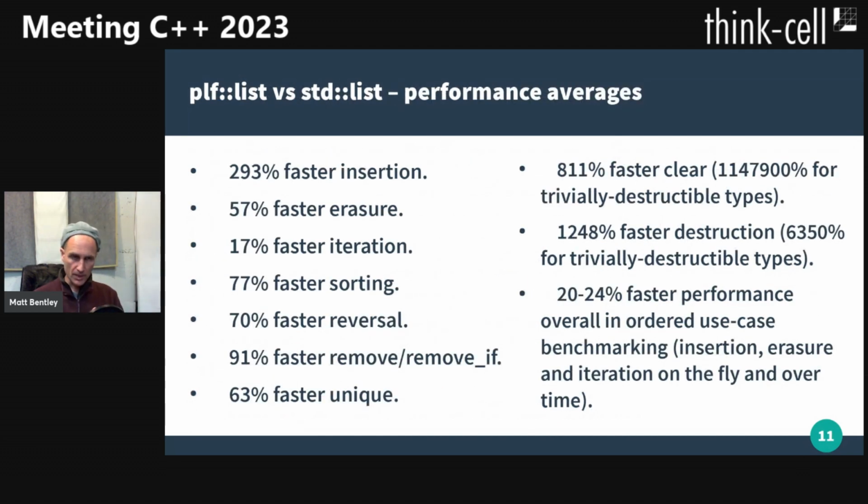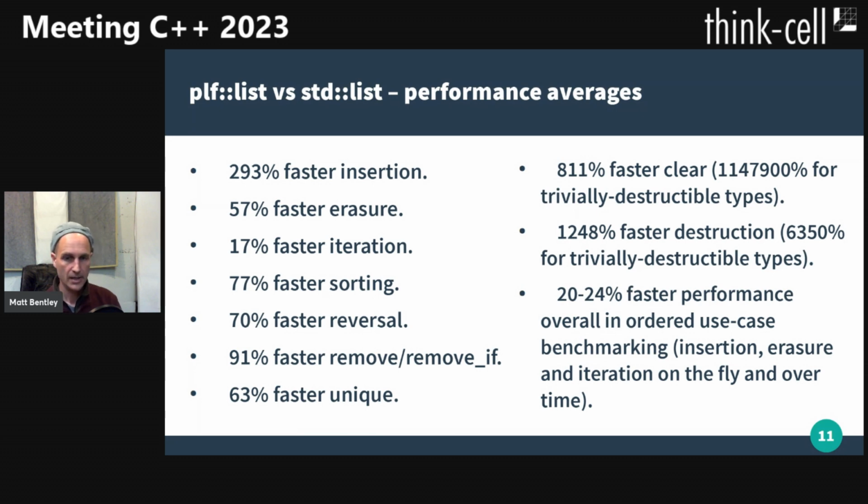So, PLF list versus std::list. Performance averages: 293% faster insertion, 57% faster erasure, 17% faster iteration, 77% faster sorting, 70% faster reversal, 91% faster remove-if, 63% faster unique, 811% faster clear, about 1 million times faster for trivially destructible types, 1200% faster destruction, and 100% faster for trivially destructible types.